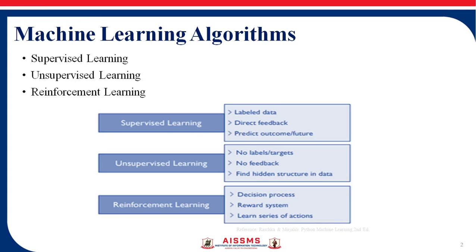In supervised learning, which can also be termed inductive learning, the training data includes the desired output. Supervised learning is a machine learning task of learning a function which maps an input to output based on example input-output pairs.